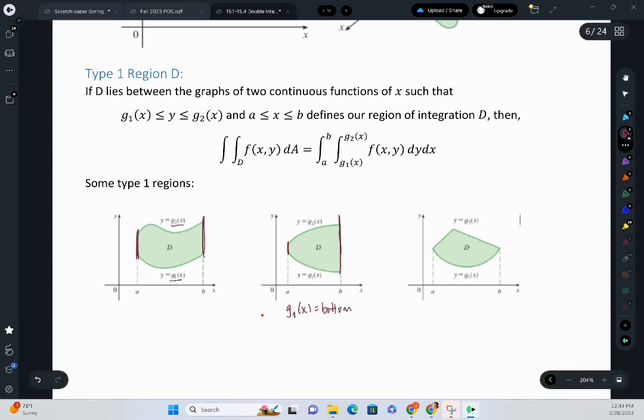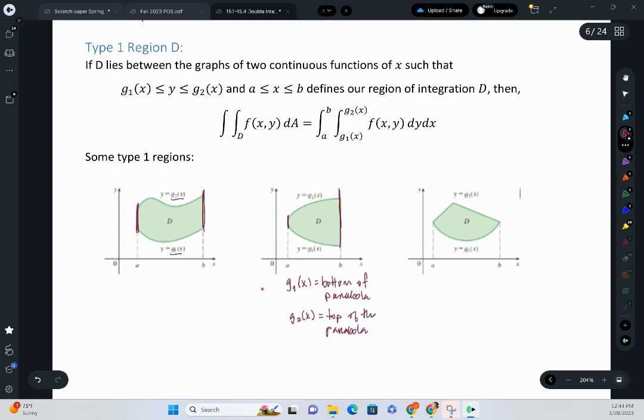I'm used to saying left and right of a parabola, but this is sideways. So g1 of x would be the bottom of the parabola, whereas g2 of x would equal the top of the parabola. We may have the same function there, but it's going to be a plus and a minus.